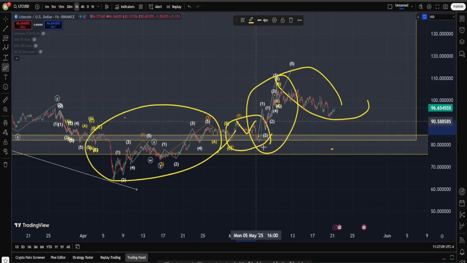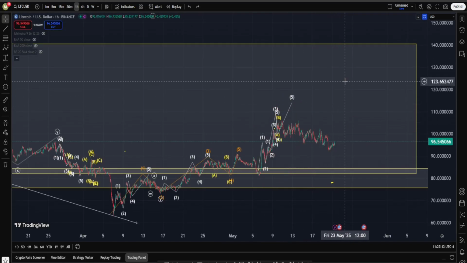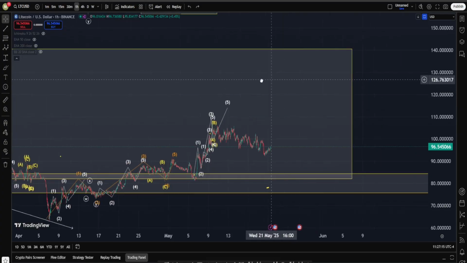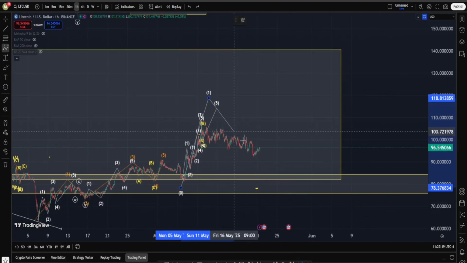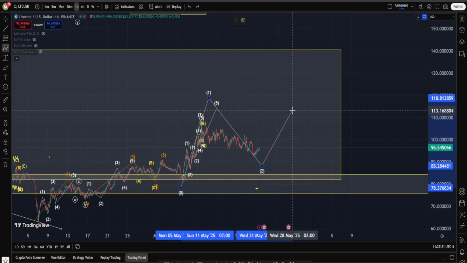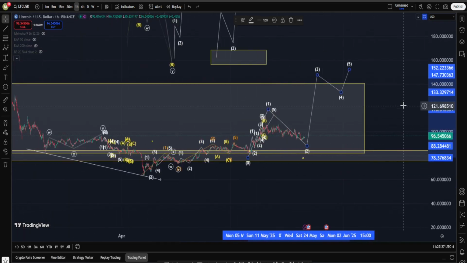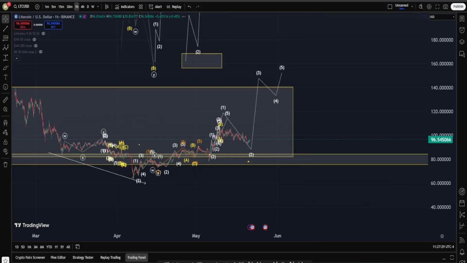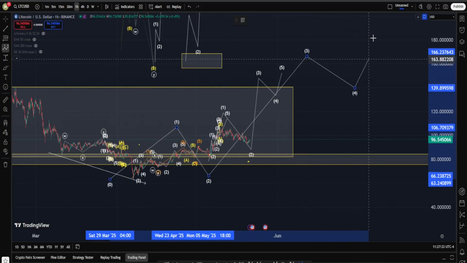Yes, maybe in form of an ABC zigzag, and I believe we can say these are hopefully in Litecoin a series of 1-2s, meaning this can be a wave 1, correction for wave 2, and what are we going to have next? If this is happening, hopefully a massive move up into wave 3, 4, 5, and even this thing on a higher degree, it's going to be into a wave 3, and then we're going to have correction for 4 and yet another move on the upside into wave 5.